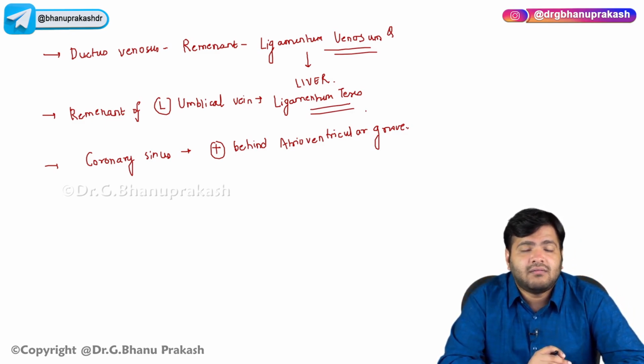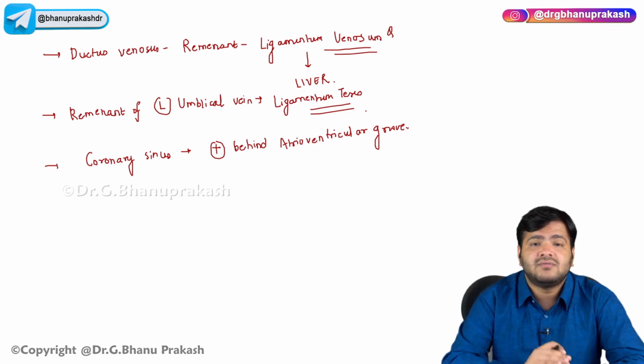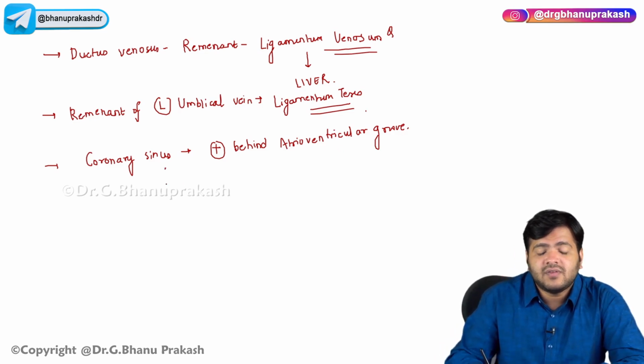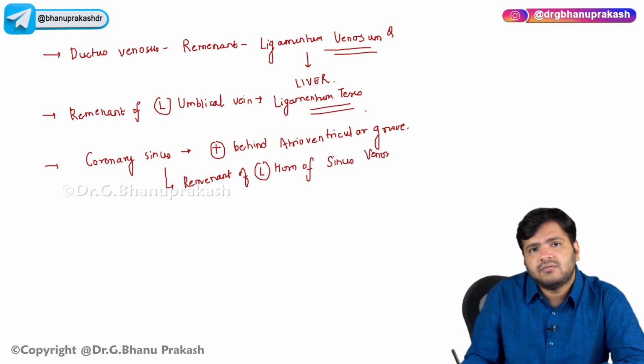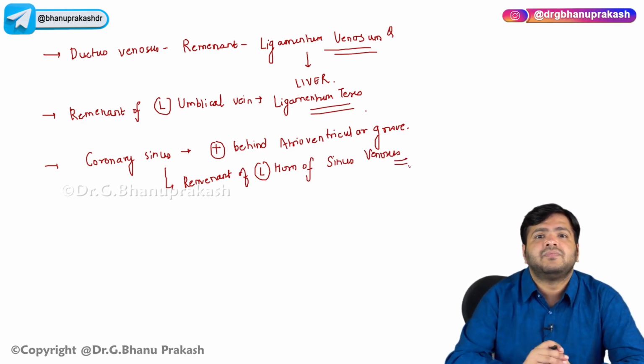The great cardinal veins, the left cardinal veins, basically they all are the tributaries which are draining into this coronary sinus. So remember beta, coronary sinus is nothing but the remnant of the left horn of the sinus venosus, right.